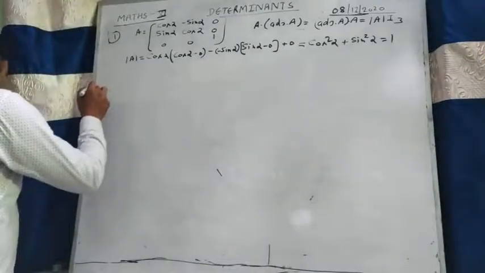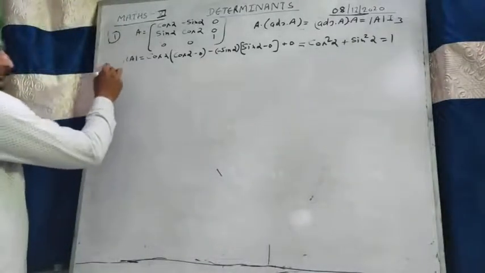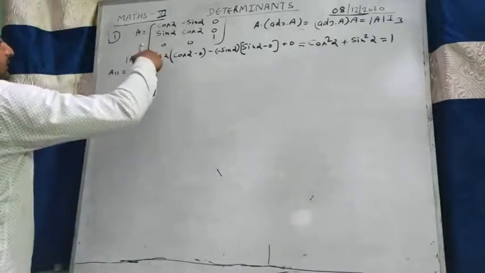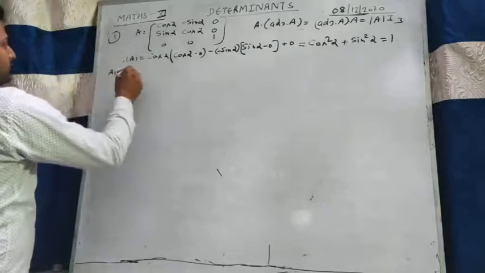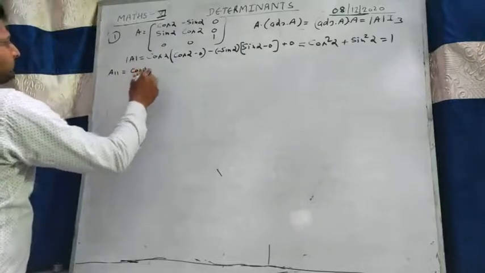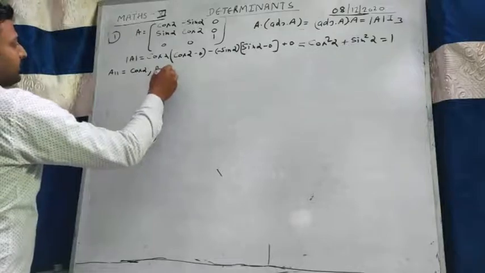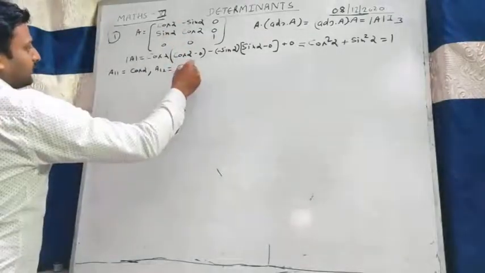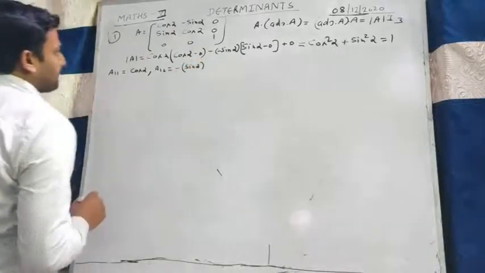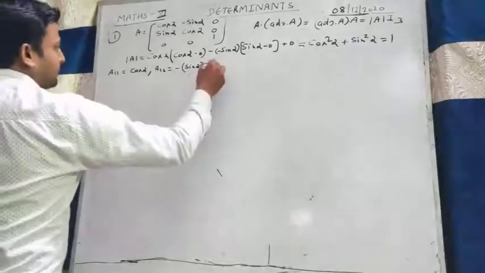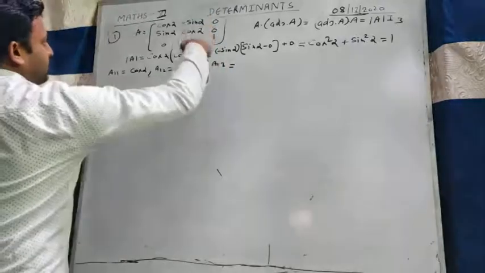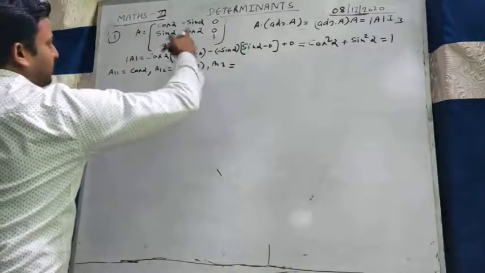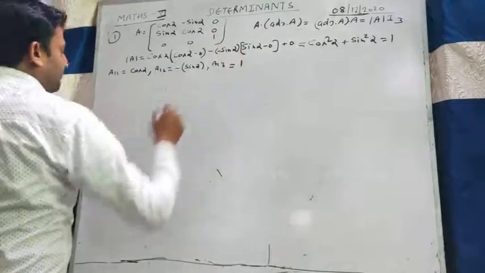So cofactor A11 is, this is cancelled, this is cancelled, so it will be cos alpha. A12 is with negative sign, this cancels, sin alpha. A13 is, this cancels, cos square alpha minus sin square alpha, so it will be 1.